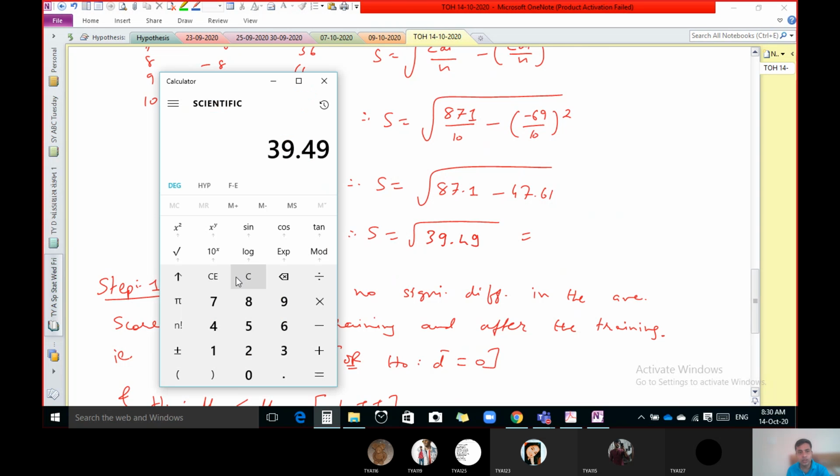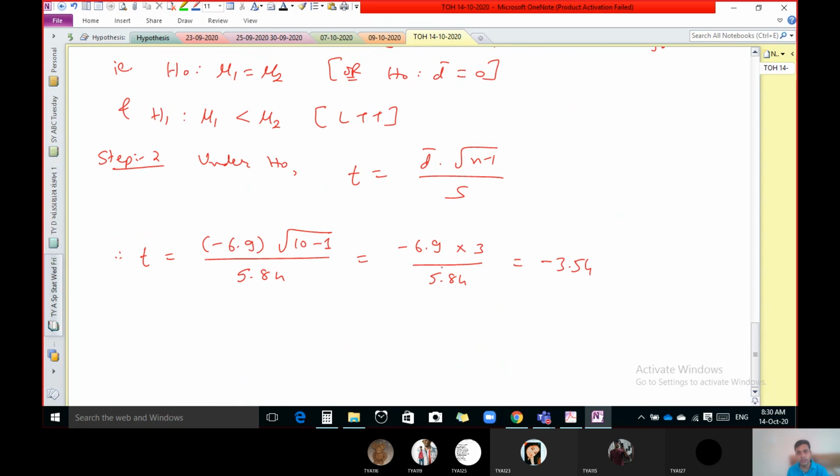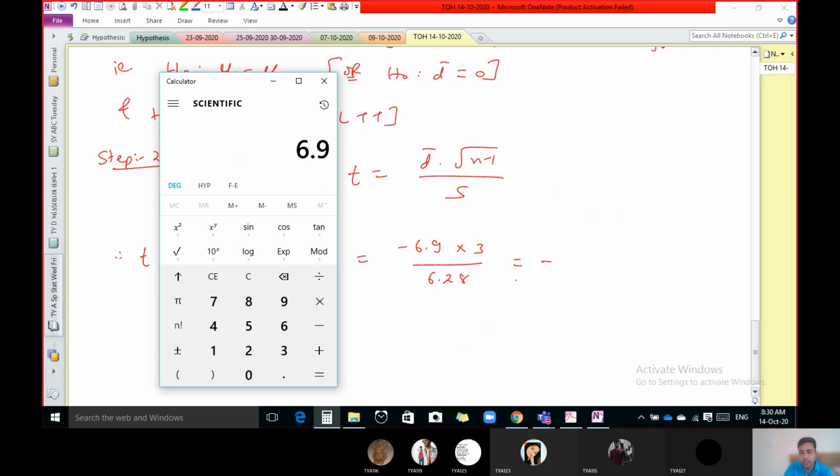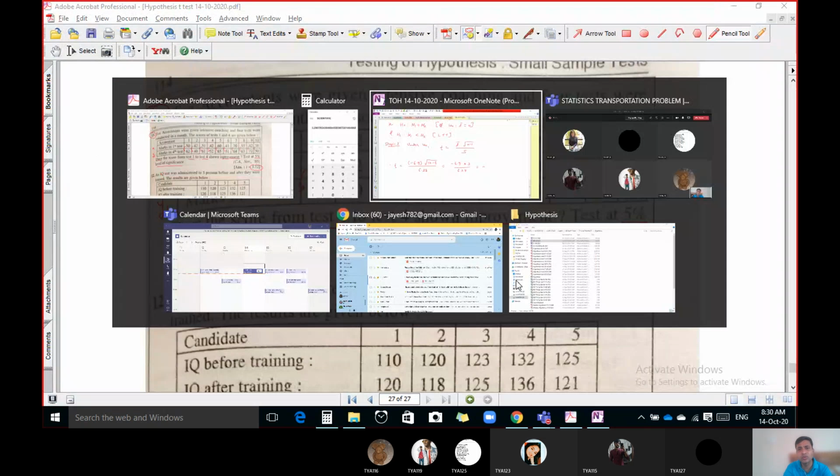And now take its root, so 6.28. Now let us do this calculation: 6.9 into 3 divided by 6.28. So 3.29. Here it is 3.72.